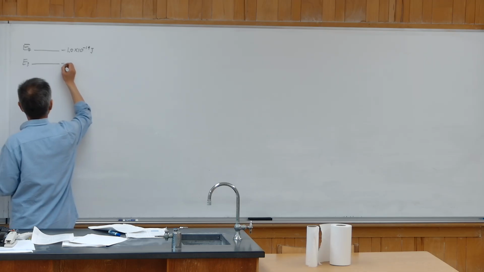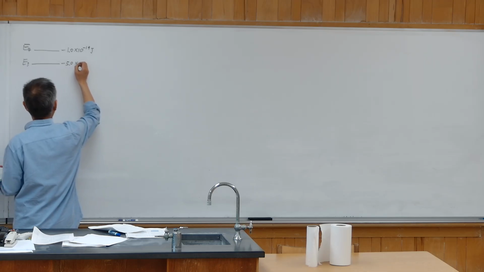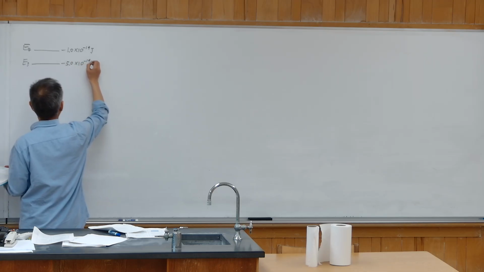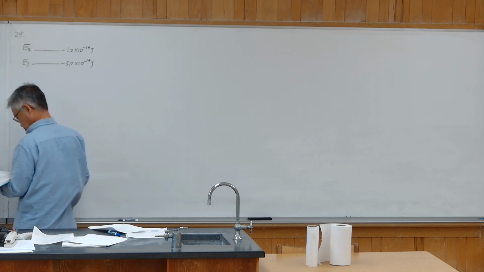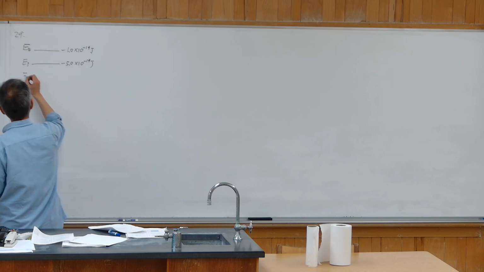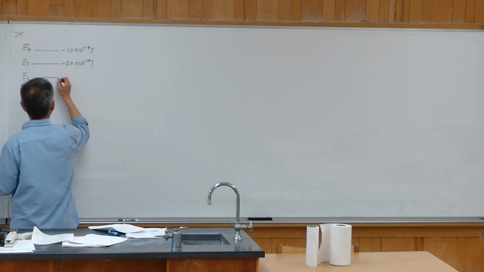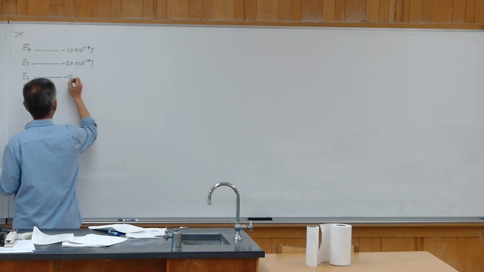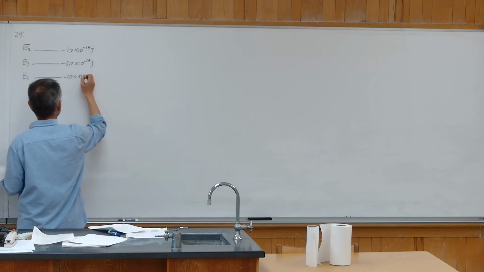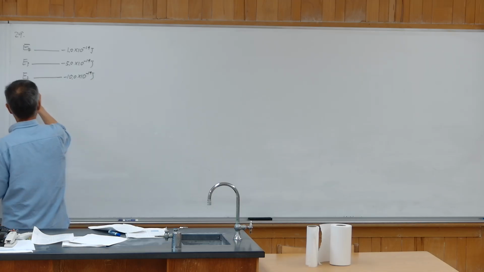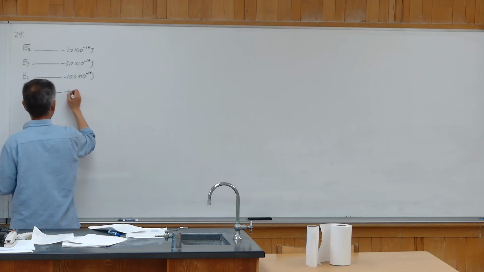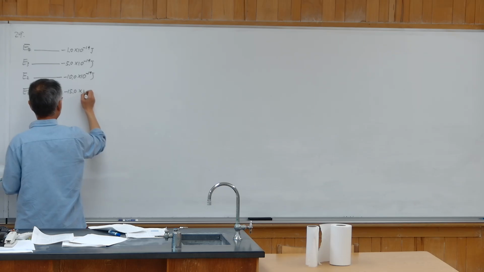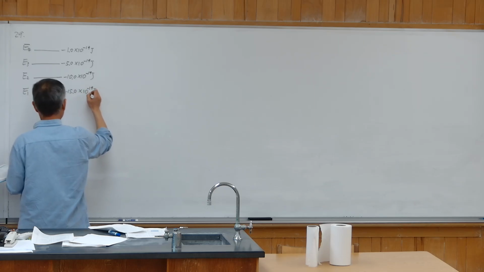E3 is -5 times 10 to the -19th power joule. This is question 29. E2 is -10 times 10 to the -19th power joule. E1 is -15 times 10 to the -19th power joule.